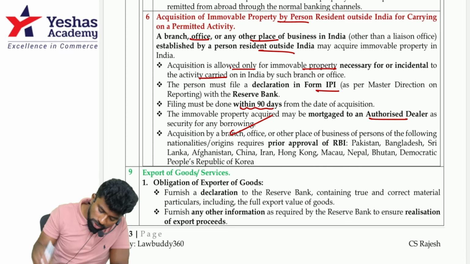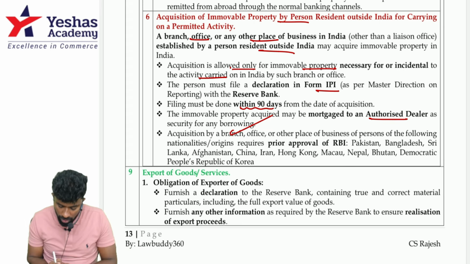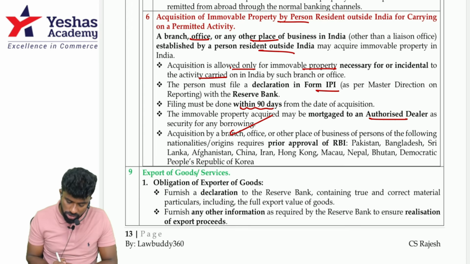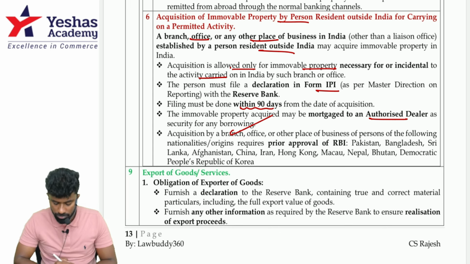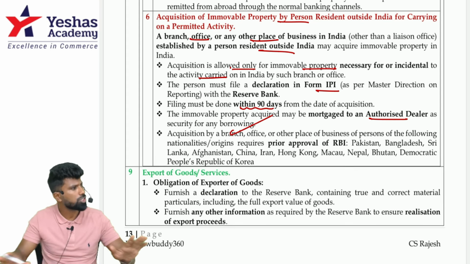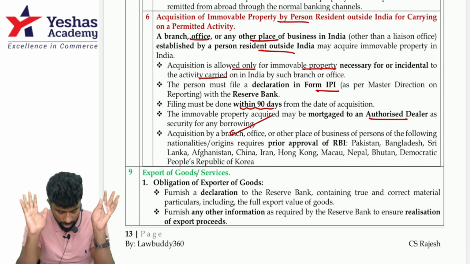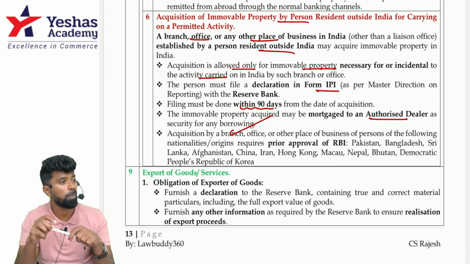Last one, acquisition by a branch or office or other place of business by persons of the following nationalities or origins requires whose approval? Pakistan, Bangladesh, Sri Lanka, Afghanistan, China, Iran, and all these countries require RBI's approval.